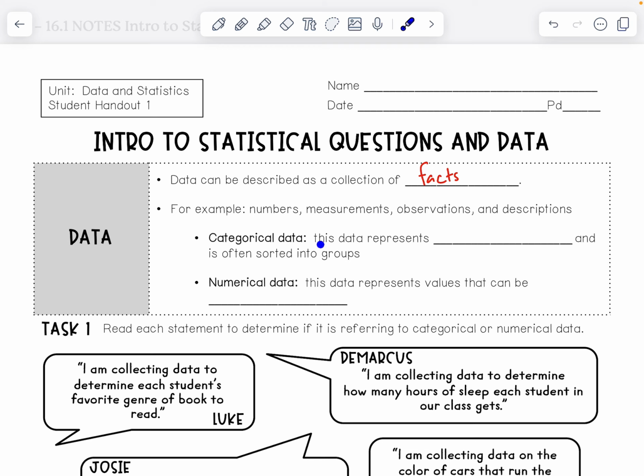Categorical data here. So this data represents characteristics, and is often sorted into groups. So categories such as different kinds of movies, like an action movie or a horror movie or a funny movie, a comedy.